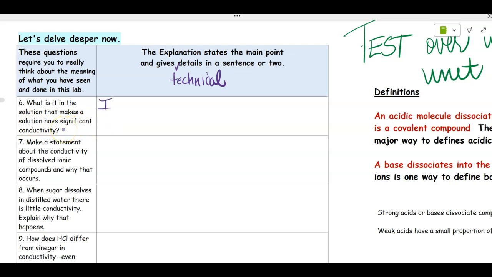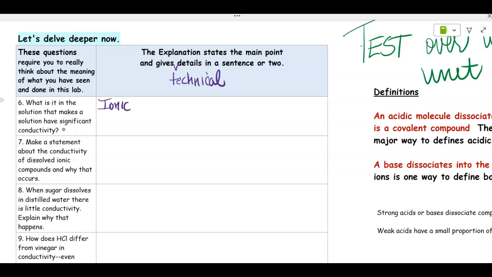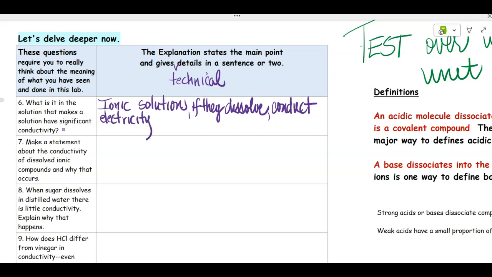And we saw that ionic solutions, if they dissolve, conduct electricity. All right, so there's something about ionic solutions that is unique.